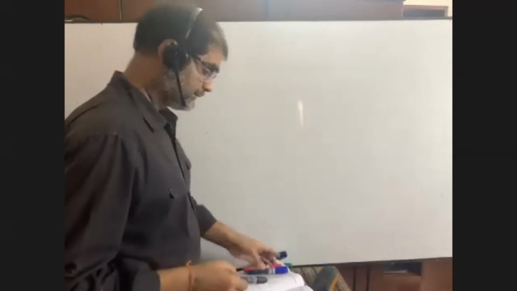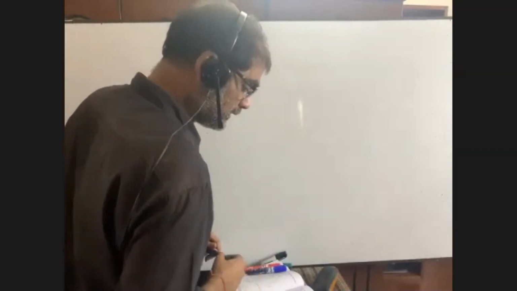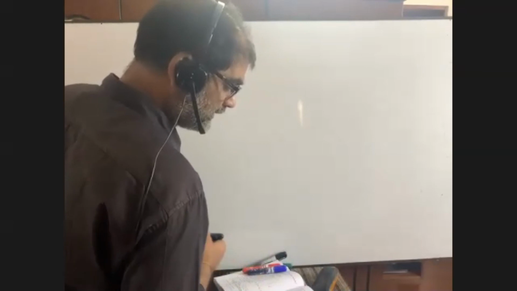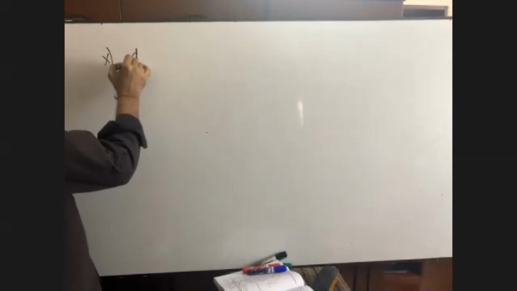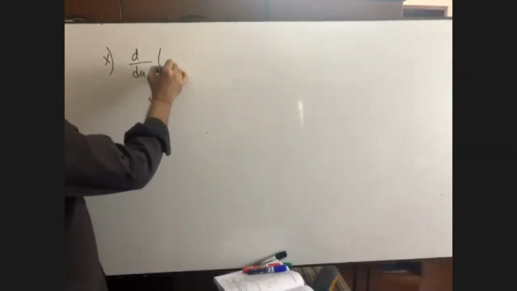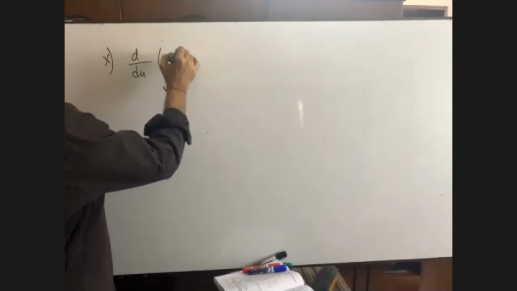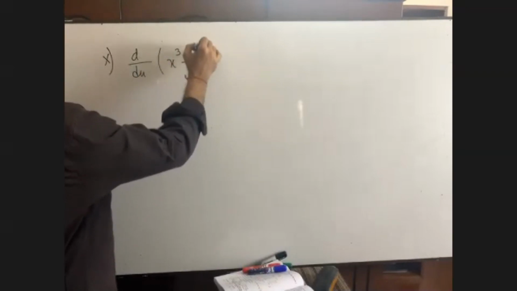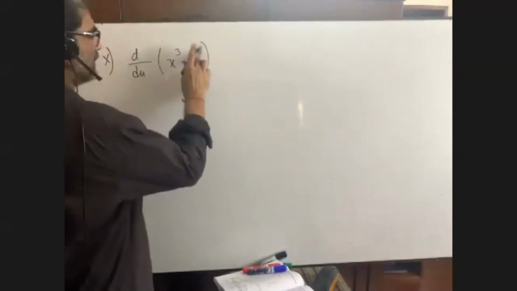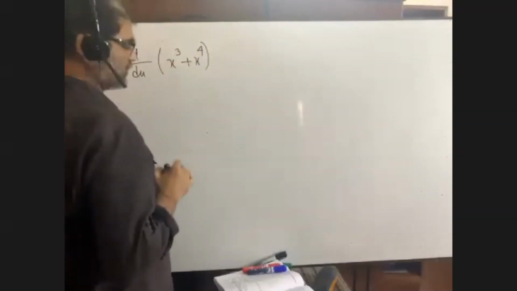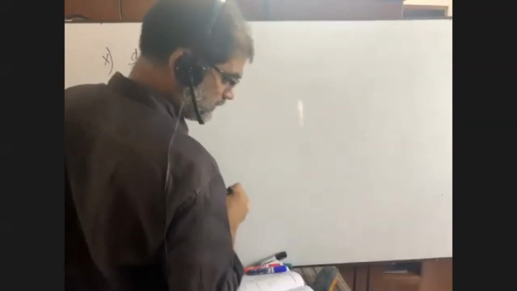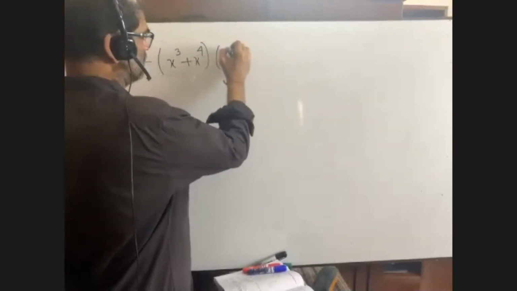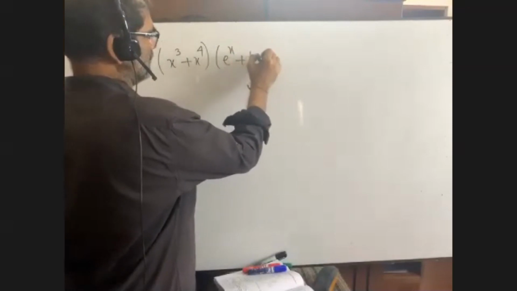Okay, next. Question number 10. d by dx of x cube plus x to the power 4, into e to the power x ln x.